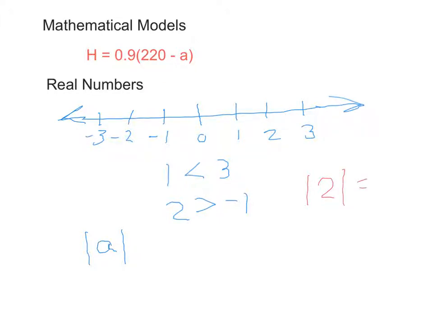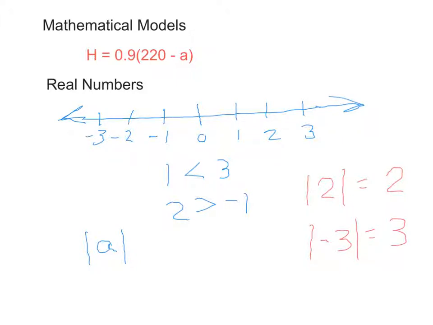It's 2 units from the origin, so the absolute value of 2 is 2. Now, what if I had the absolute value of -3? How far is -3 from the origin, or 0 in this case? It's 3 units from the origin. So therefore, the absolute value of -3 is 3. Now notice, with absolute value, your distance is always positive. There's no such thing as a negative distance.